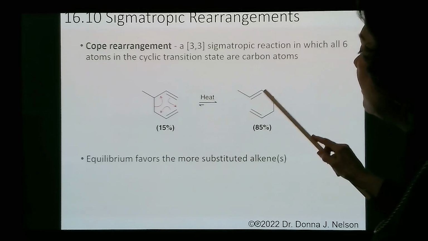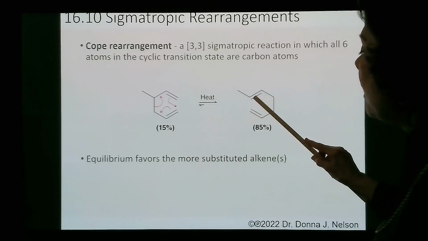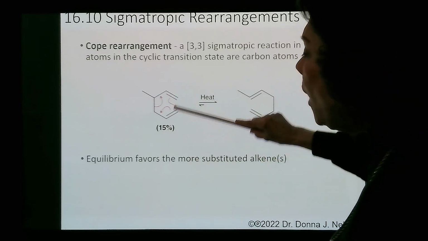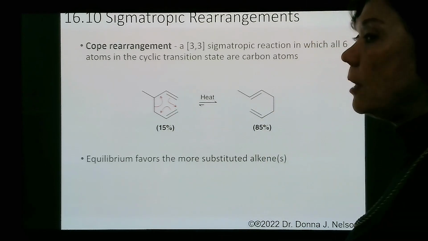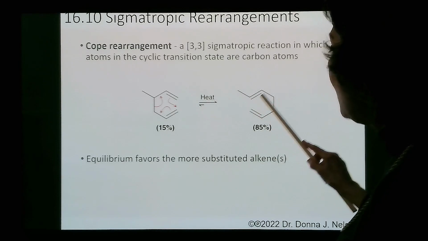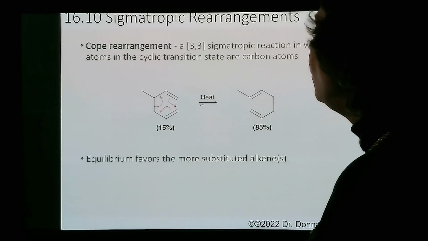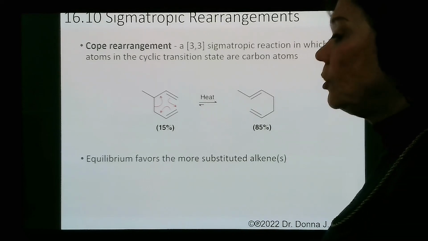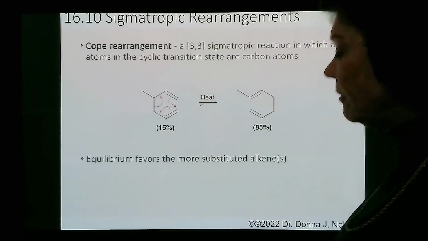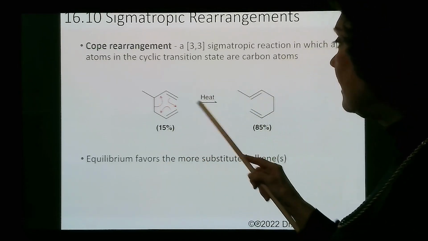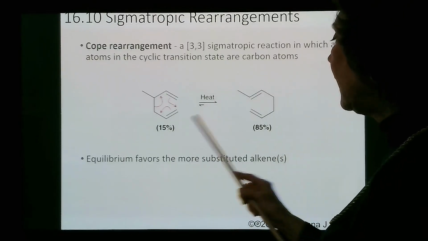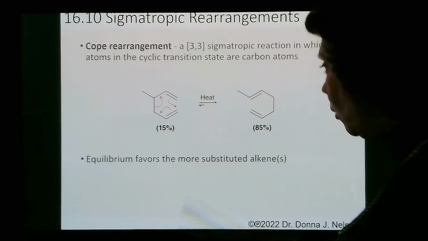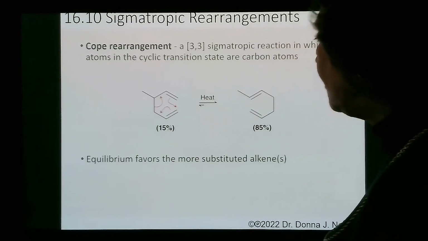Now you have the same number of pi bonds, but one of the pi bonds is disubstituted. Over here, both of the pi bonds are only monosubstituted. Now you have one of the pi bonds which is disubstituted, and so this molecule is more stable than the reactant. So that's why this equilibrium favors this product with the more highly substituted pi bond.